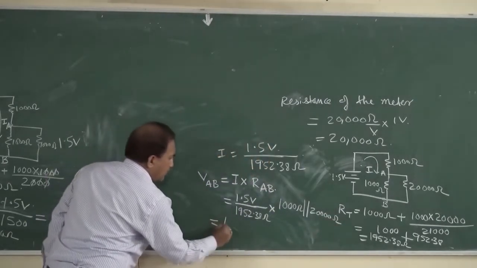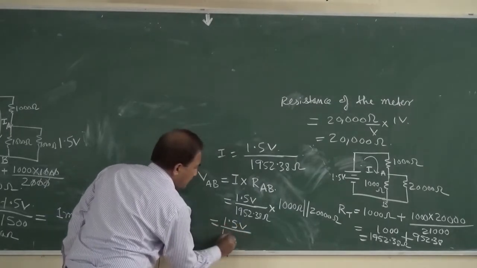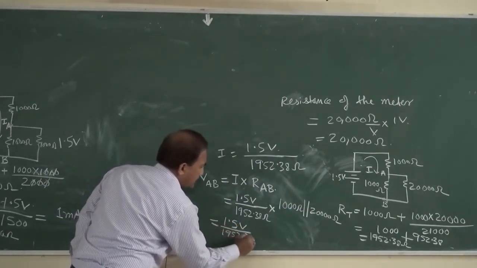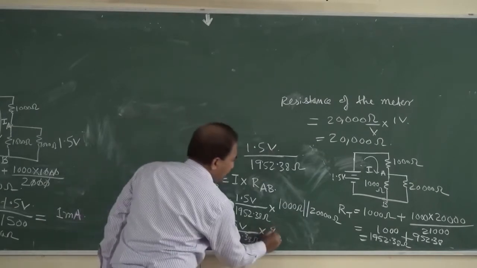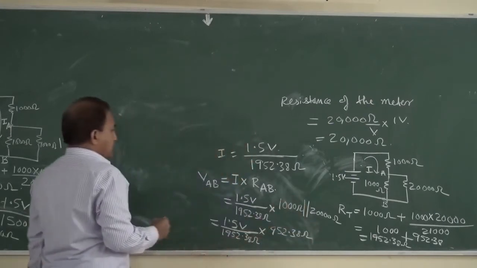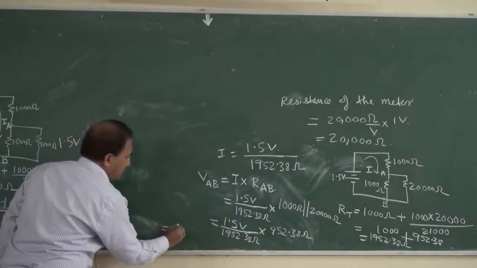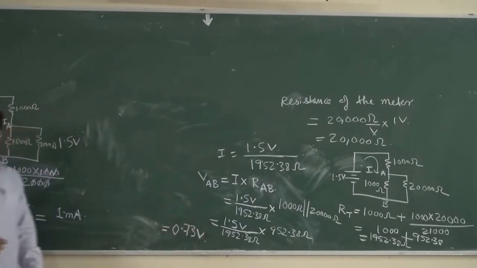So it is equal to 1.5 volt divided by 1952.38 ohm multiplied with 952.38 ohm. So finally it is equal to 0.73 volt.